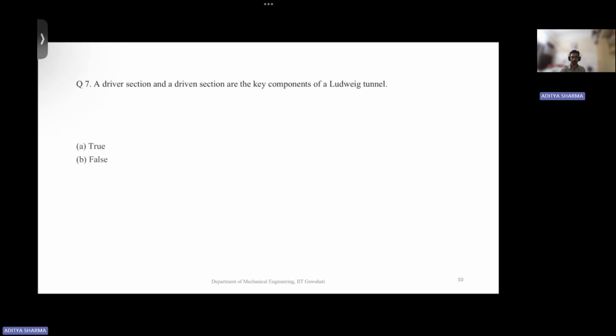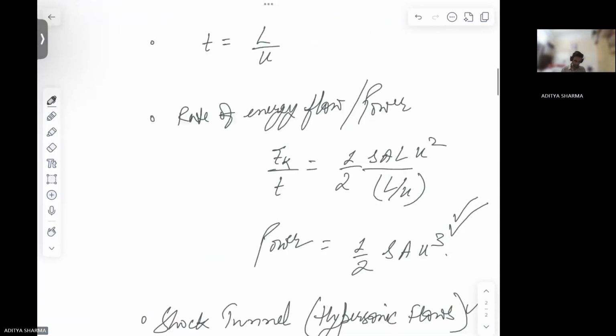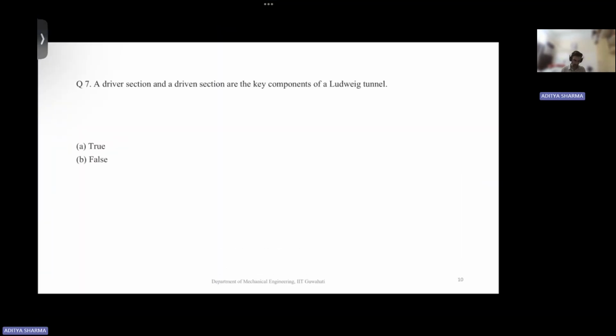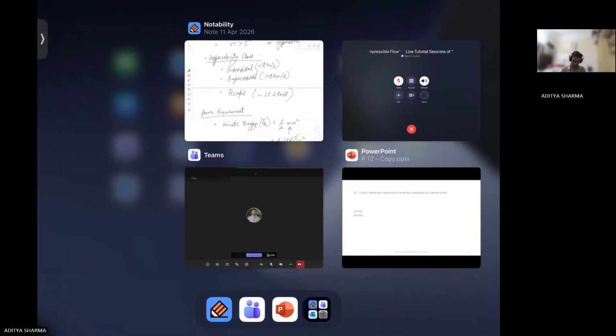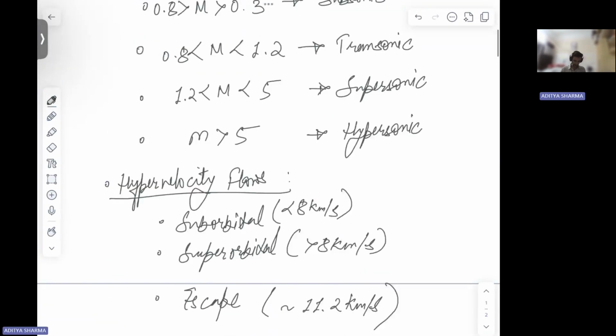And based on Ludwig tunnel, please see if the statement is correct or not. The question says that the driver section and the driven section are the key components of a Ludwig tunnel.